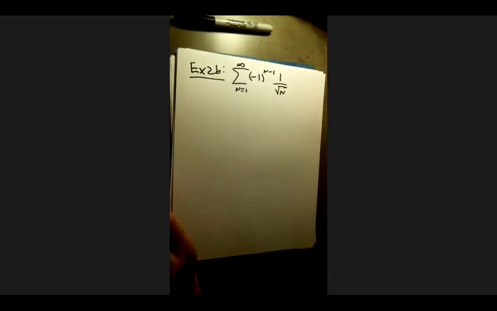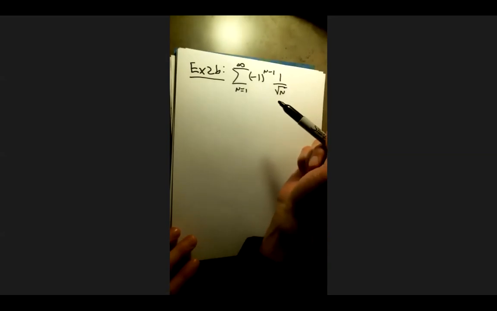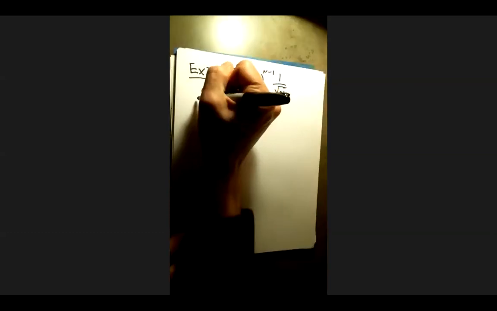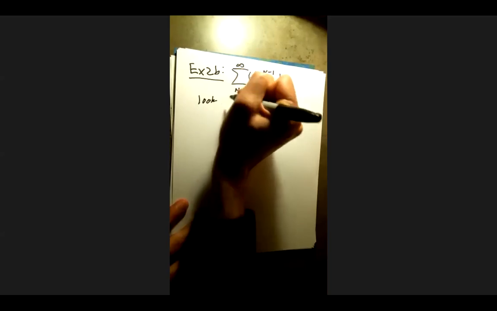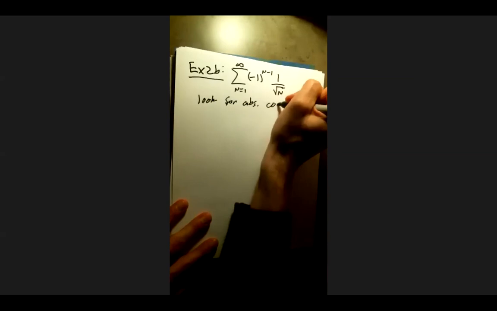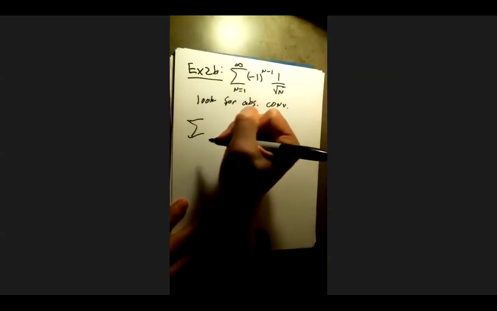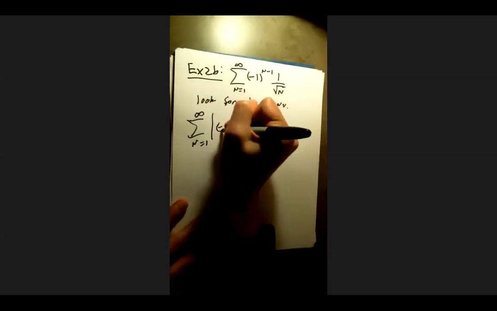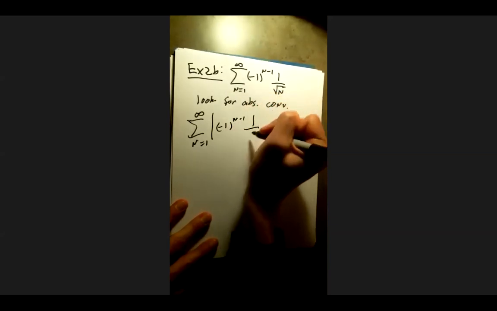So in example 2b, we've gotten smart, right? We realized, hey, maybe let's just try for absolute convergence and see if that's going to work, and let's save ourselves a little bit of time. So we consider the sum from n equals 1 to infinity of the absolute value of (-1)^(n-1) times 1 over root n.